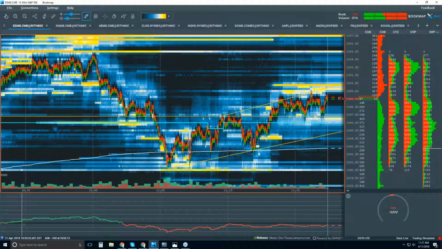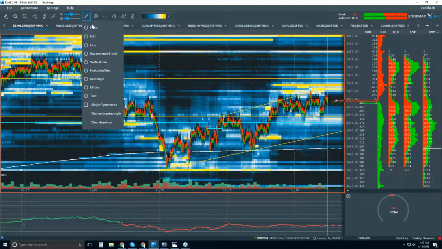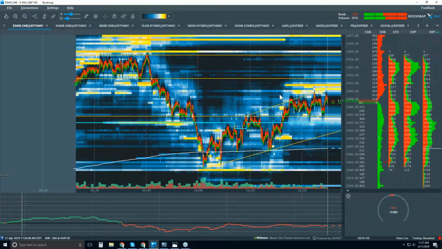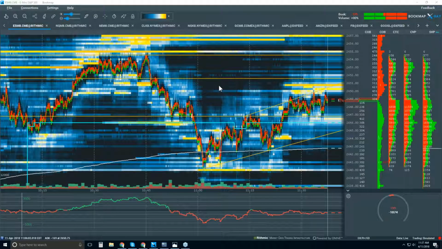The other areas that I'm interested in would be up here at around 51.5 or 3/4, and then ultimately our high up at 55 or 54 3/4. I do like this area up here, but the liquidity is in front of it.